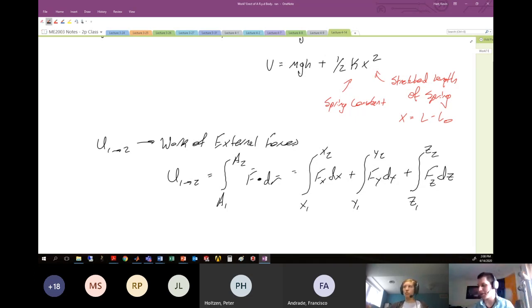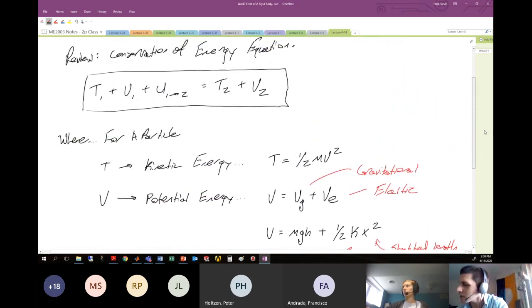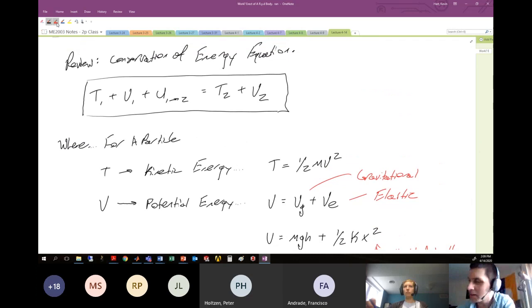I'll give a little bit of an example in just a second, but this is the basic idea. So these are the potential energy components, kinetic energy components, and work of external forces that all go into this general equation, where we see subscripts like 1 and 2 denoting the current state of our particle. So this more or less is the state of particle 1, and this here is the state of particle 2.